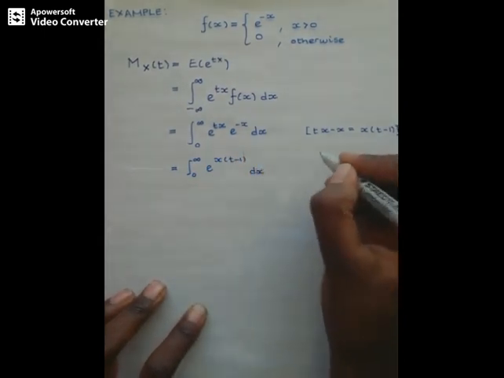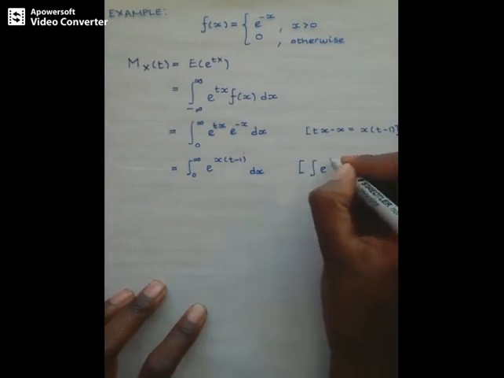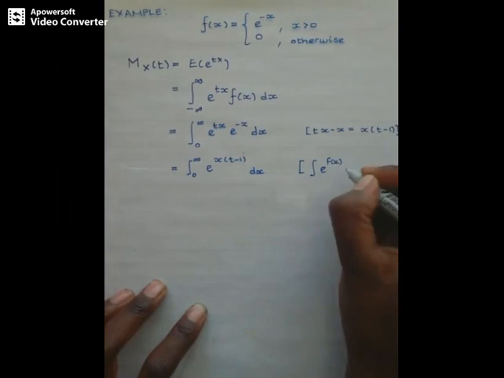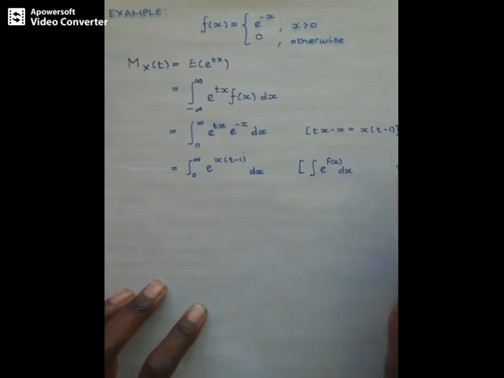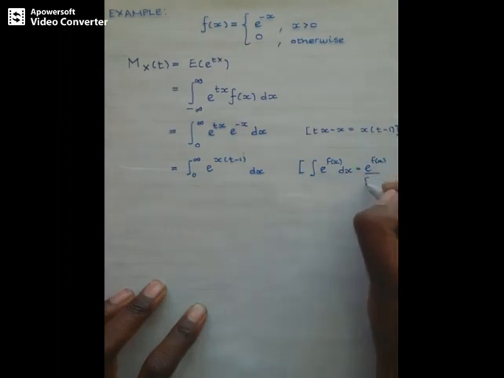But we know that the integral of e to the power of a function of x dx is just e to the power of fx, so exactly that thing, but divided by the derivative of the power.